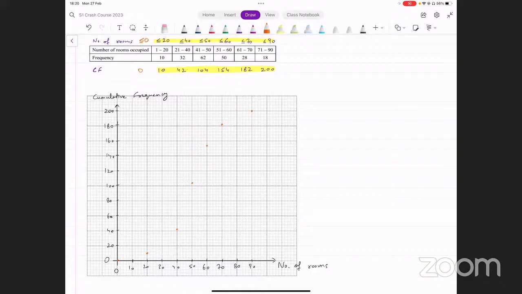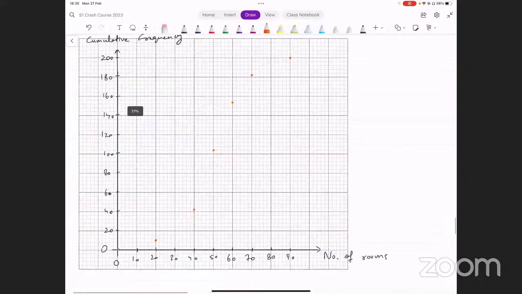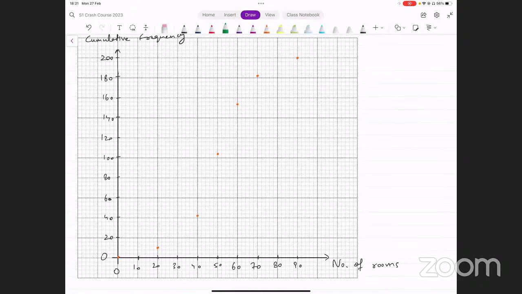Now, using these points, you're going to draw a curve, a smooth curve, which will look like this. So you'll always do this using a pencil because you can't draw it correctly the very first time generally. So you need to erase it, improve it a little.